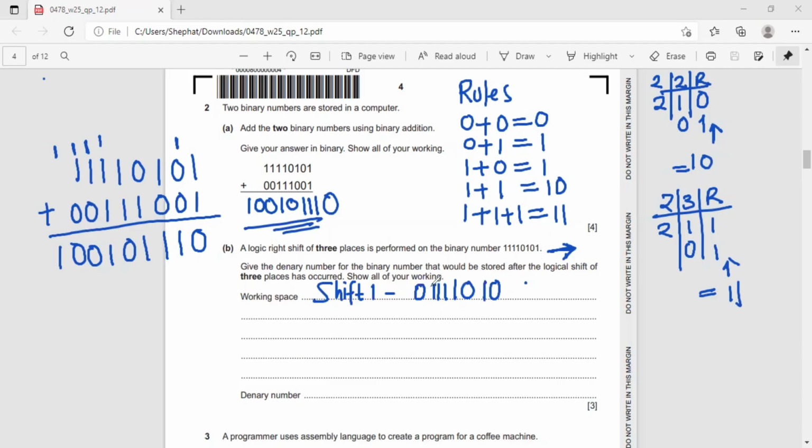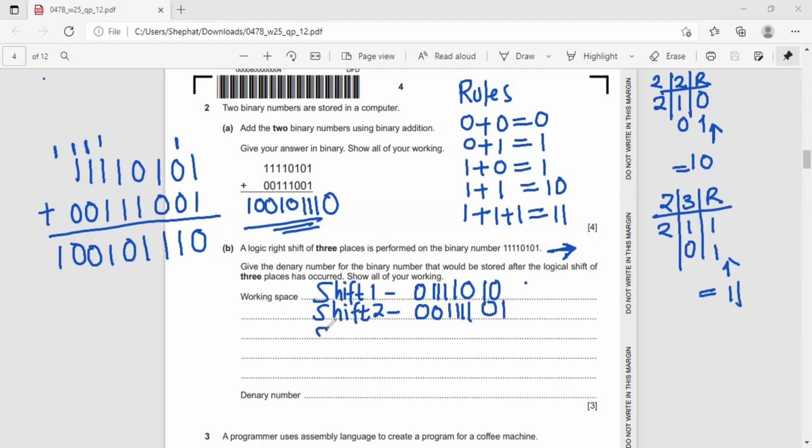Then we do the second shift. We are going to shift this one. So we're going to have 0, 0, 1, 1, 1, 1, and then 0, 1.